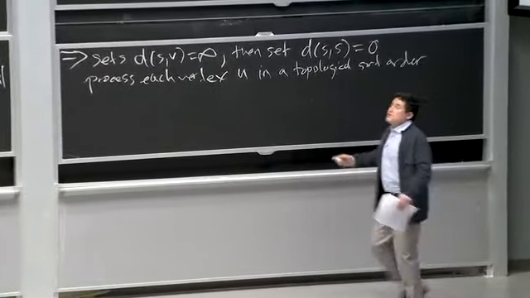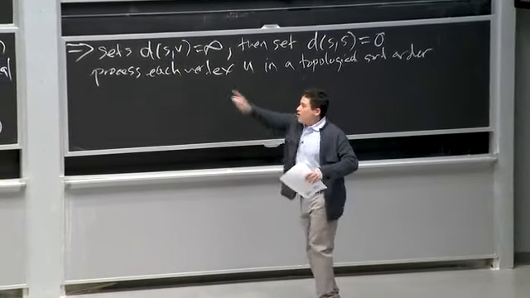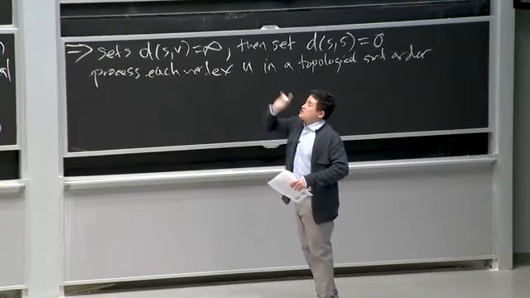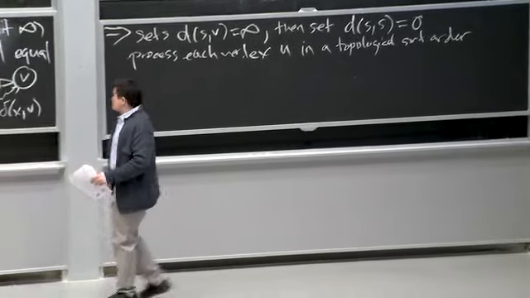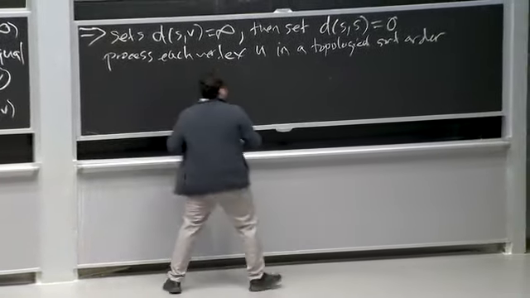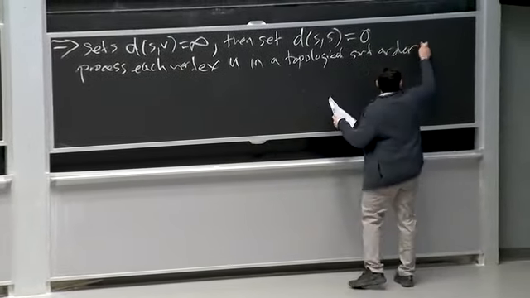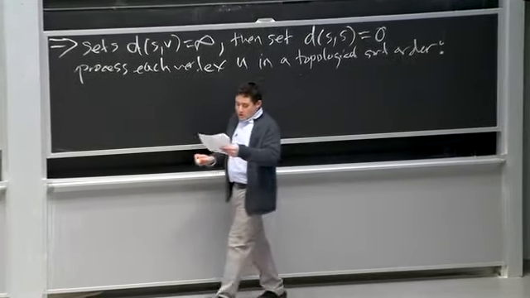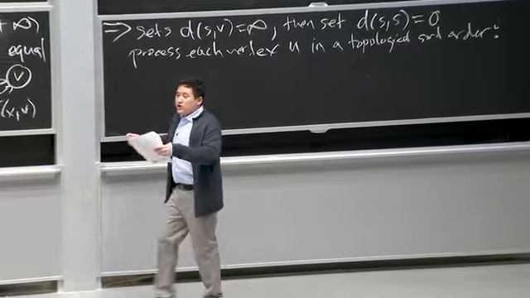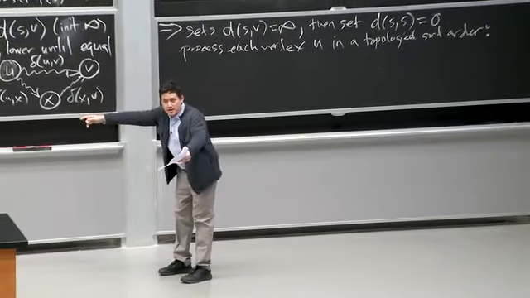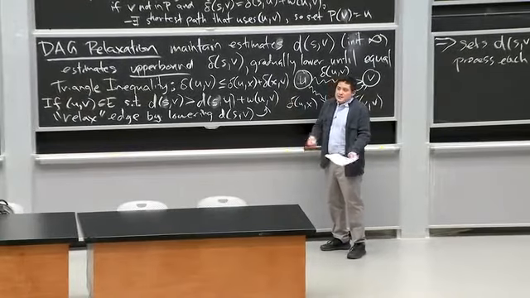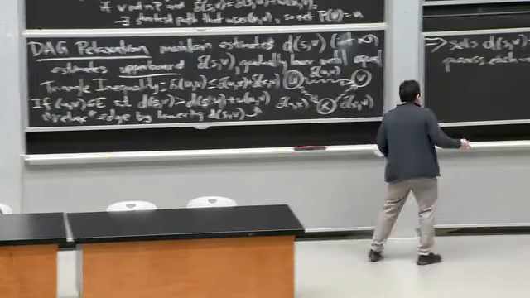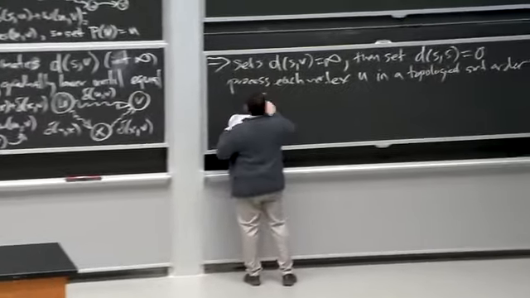You can imagine we're starting at the top and all my edges are pointed away from me, and I'm just processing each vertex down this topological sort line. Okay? And then for each of these vertices, what am I going to do? I'm going to look at all the outgoing neighbors, and if the triangle inequality is violated, I'm going to relax that edge. The algorithm is as simple as that.